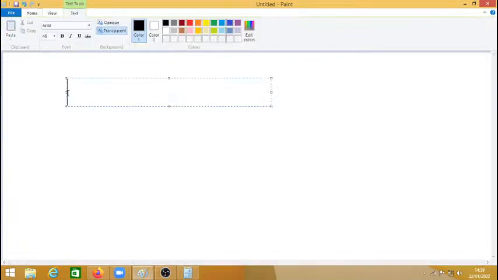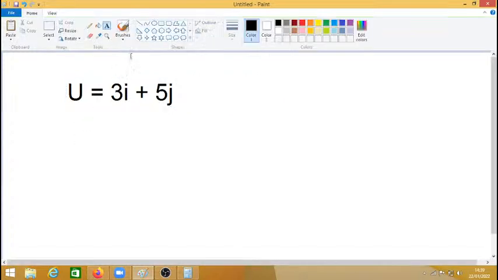So let's take a look at the next example. We've got a particle and it's projected with the velocity 3I plus 5J. Let's do a quick diagram of that. So we've got the particle and it's being projected with an initial velocity so that it's going 3 across and then 5 up.